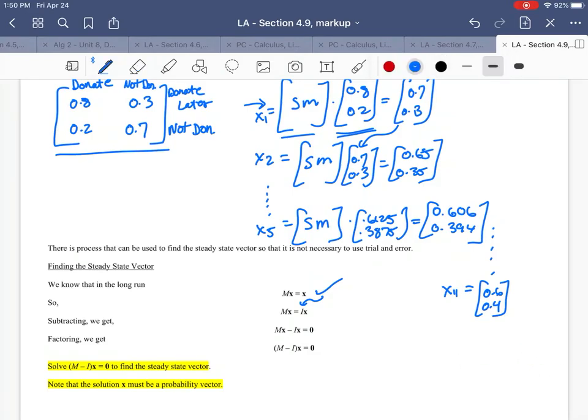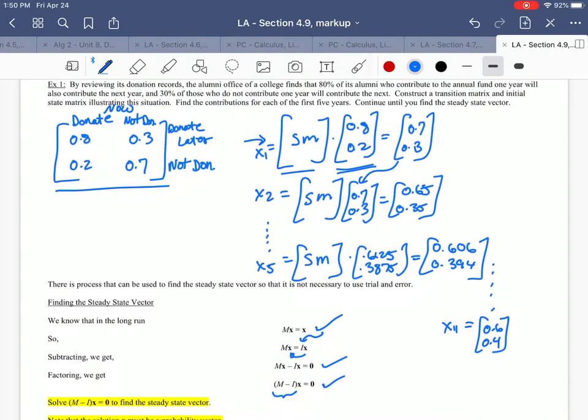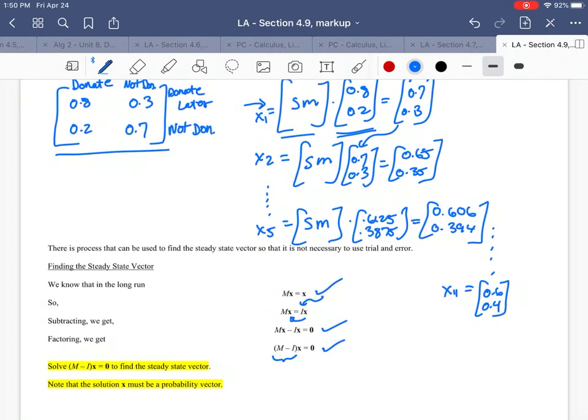So then moving this over to the other side to create this, then factoring out the X to create this. And so this is something we can solve. We have a matrix, which is our migration matrix minus the identity matrix times X equals 0.